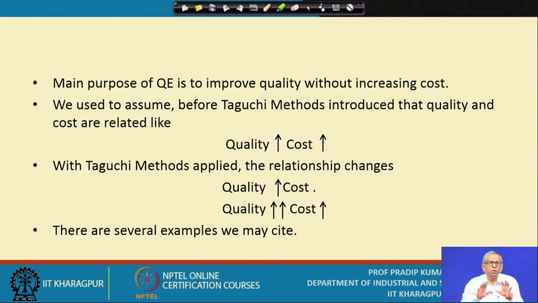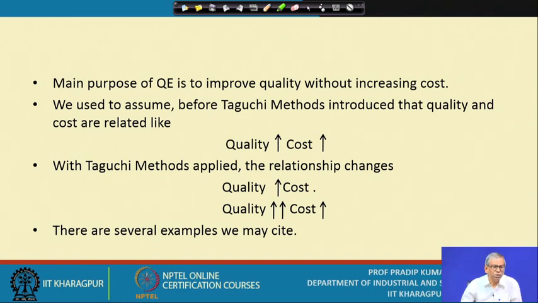So okay, now I will conclude with this particular concept, that is what could be the relationship between quality and cost. The main purpose of quality engineering is to improve quality without increasing cost. So this has been the challenge.